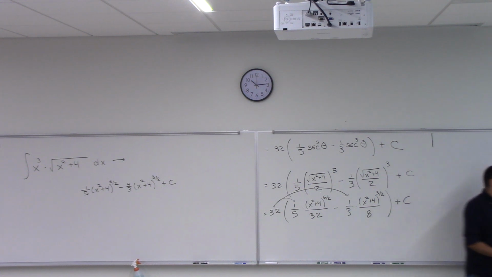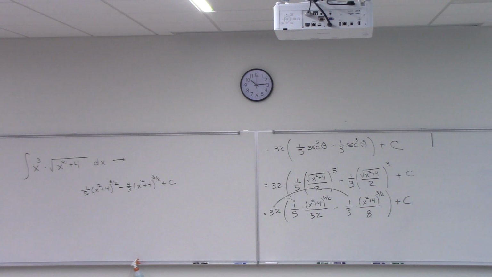Now I'm going to try and see if the computer actually works this time. Let's go to Wolfram Alpha, see if it works. I'm going to integrate, I forgot the problem, there it is, x cubed times the square root of x squared plus 4 dx.